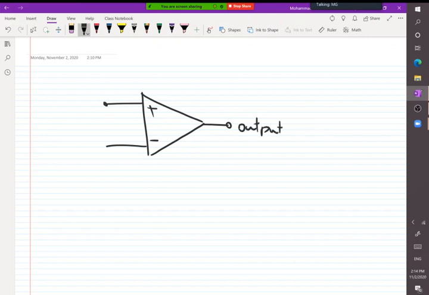The output, of course, is called output. The positive input is called non-inverting input, and the negative input is called inverting input.